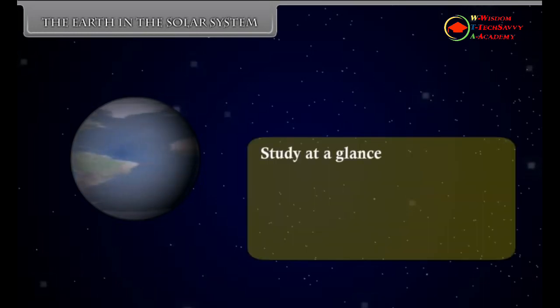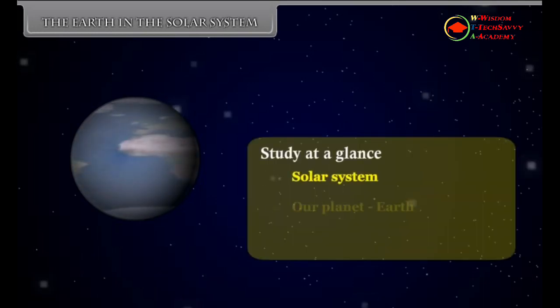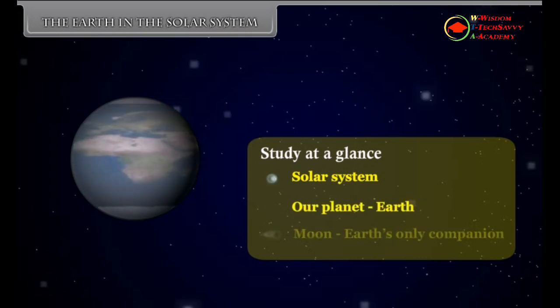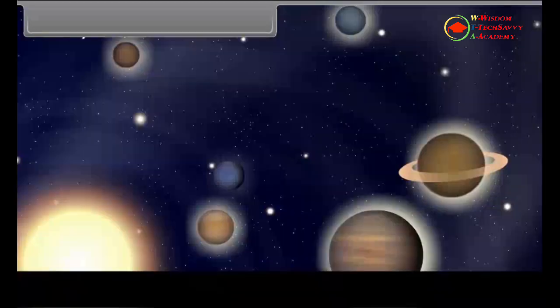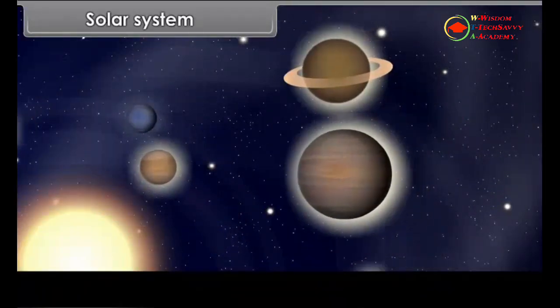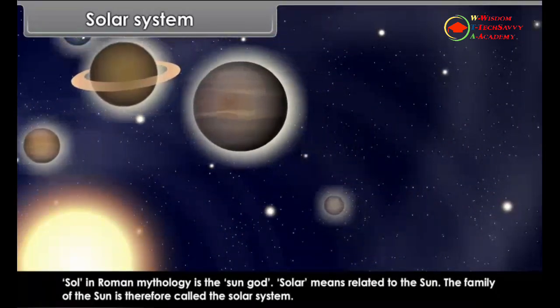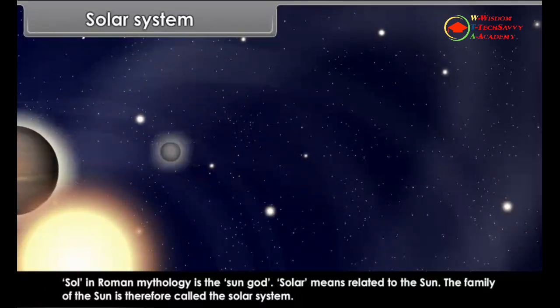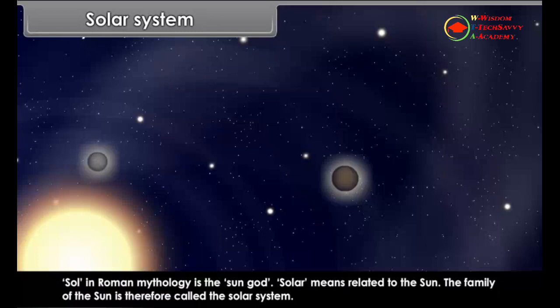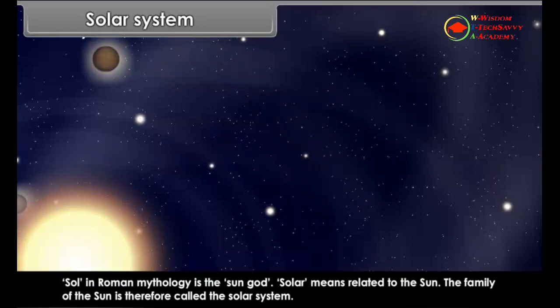Study at a glance. Solar system, our planet Earth, Moon, Earth's only companion. Solar system. Sol in Roman mythology is the sun god. Solar means related to the sun. The family of the sun is therefore called the solar system.